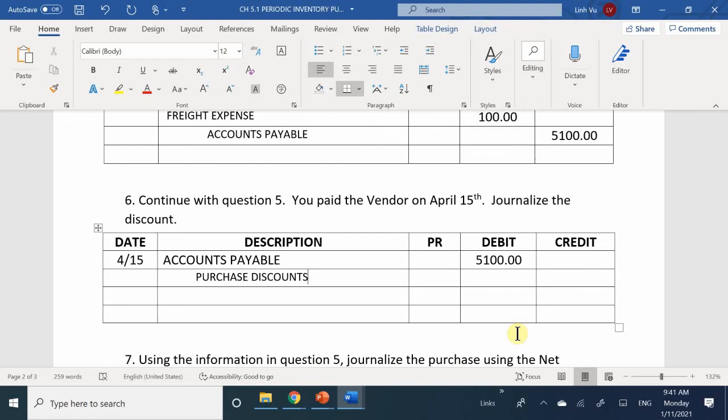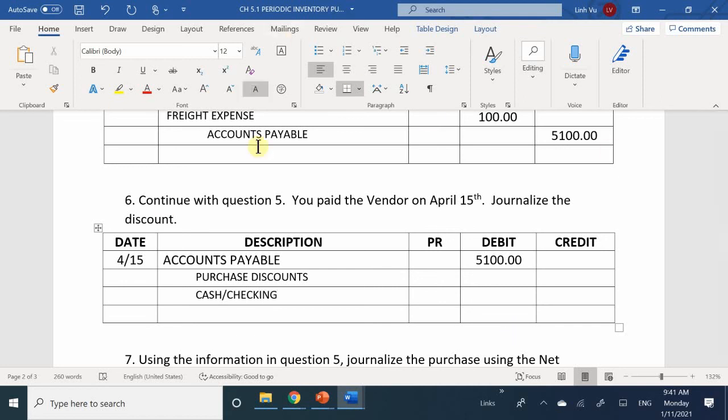And then what is my other credit going to be? How did I pay? I mean generally where would it come out of? Yes, it could be your cash or your checking account. Whatever means you use of paying this vendor.